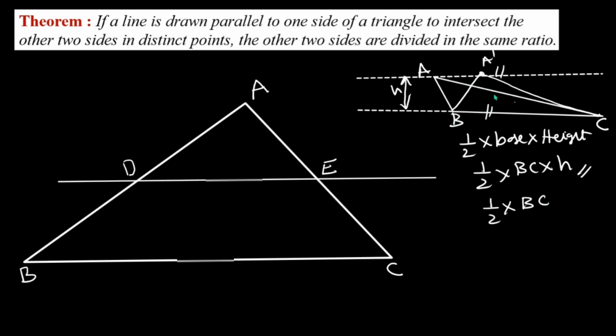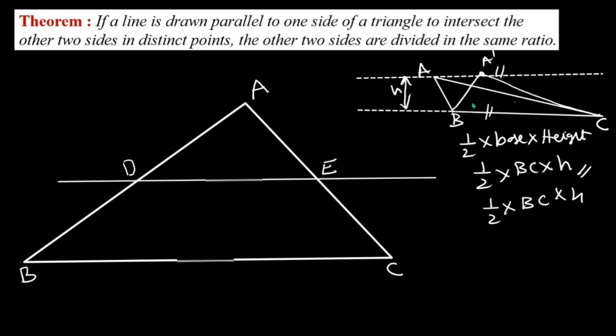The distance between the parallel lines will be the same everywhere, because these 2 are parallel lines going in parallel, like railway tracks, which are always parallel. So the distance between the 2 parallel lines is fixed, and that is what we call the height of the triangle. If you take A dash here, or this triangle, it is the same height h.